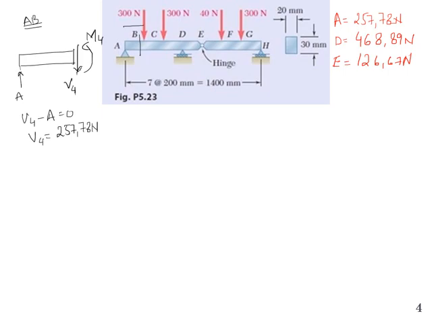Now for the moment, since we are taking the section from left to right, we take an x. So M4 minus Ax is equal to 0, and M4 will simply be equal to Ax. Now x equal to 0 is point A, so the moment at A will be 0.